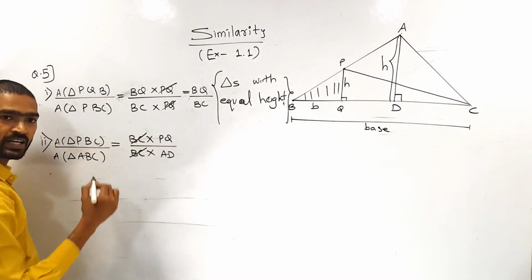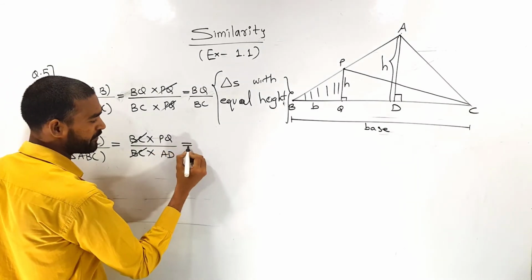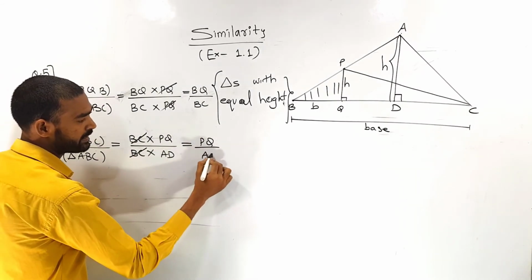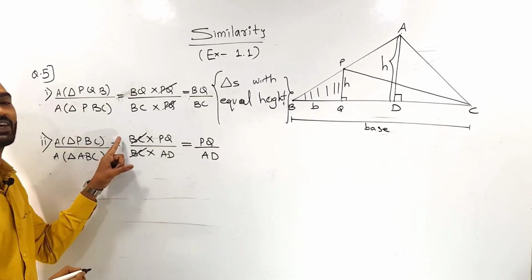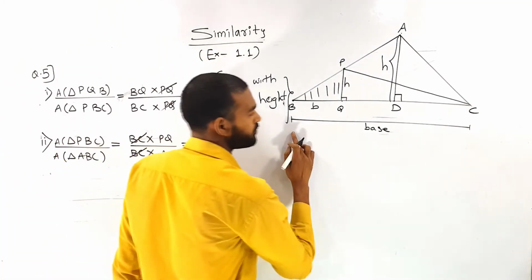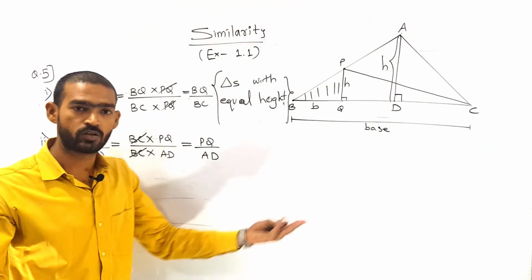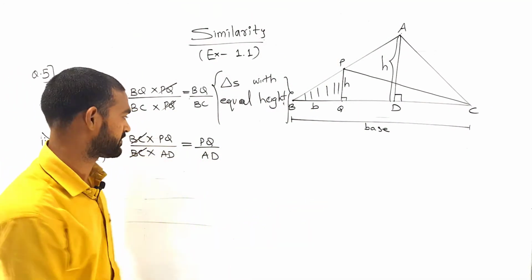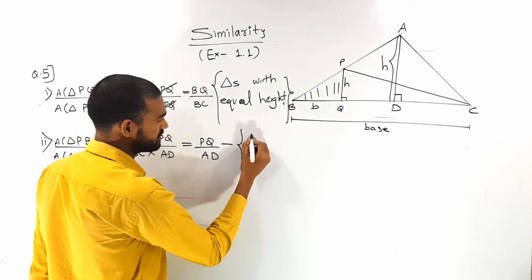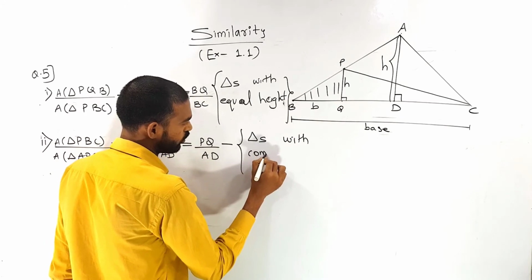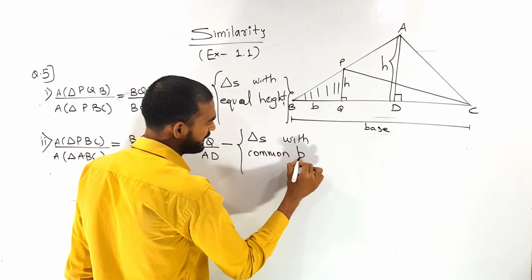This BC will get cancelled and we will be left with PQ upon AD. So whom have we cancelled? BC. BC was the base. So it means triangles with common base. So we'll apply this property: triangles with common base.